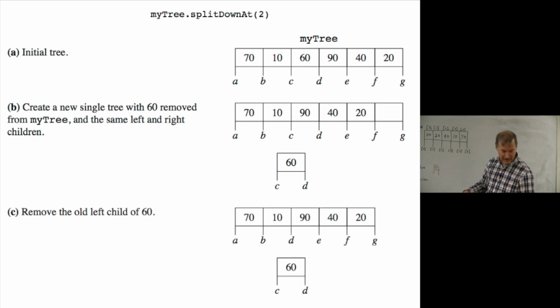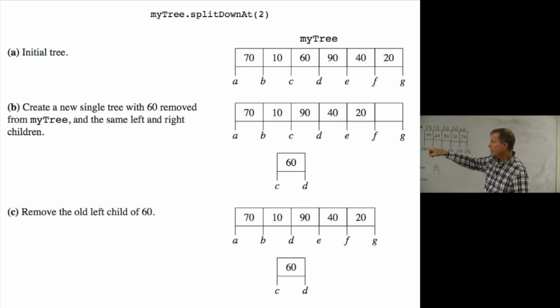All right. And then what we're going to do is remove the old left child of 60. Now, who was the old left child of 60? No, at the beginning, in part A. That's what I meant. It's C. Are you with me?